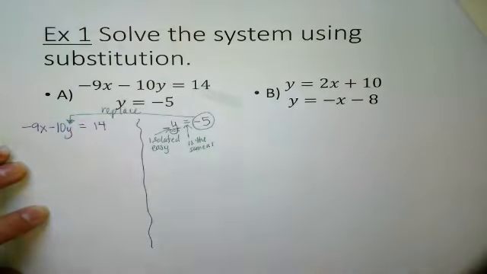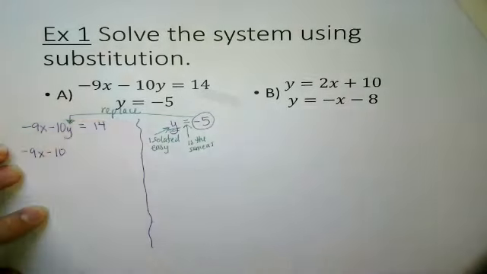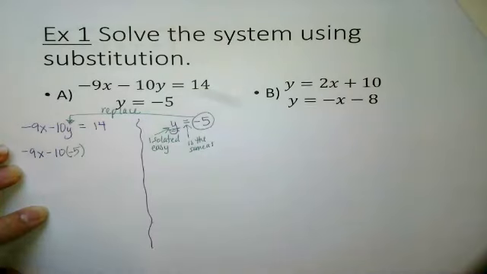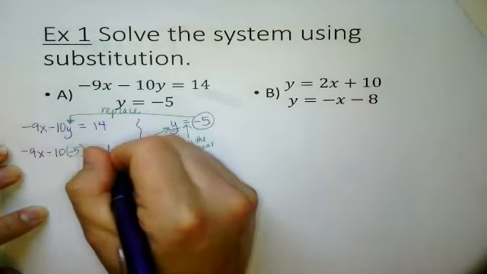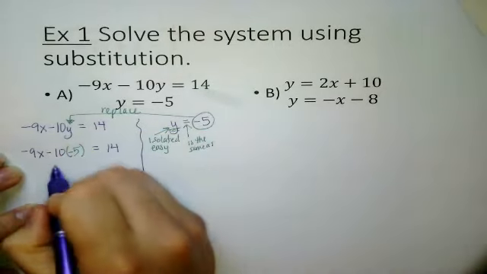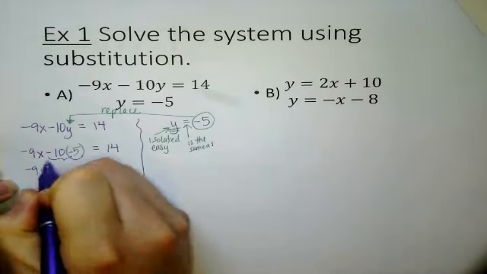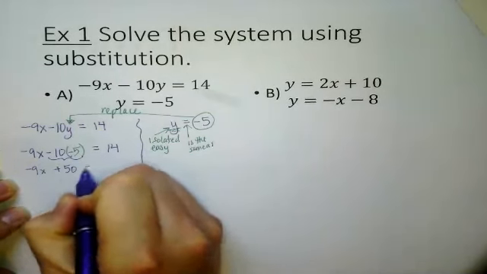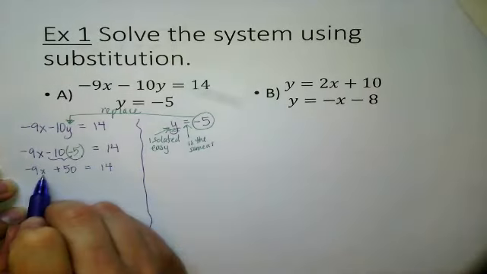Replace the y. So we have -9x minus 10. Always a good idea to use parentheses when you substitute, and don't forget the rest of your equation. We have a product here, so we're going to multiply. -10 times -5 is +50. Then I can solve for x.